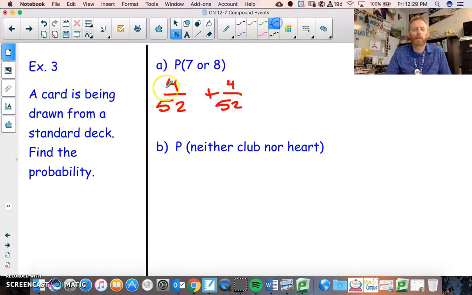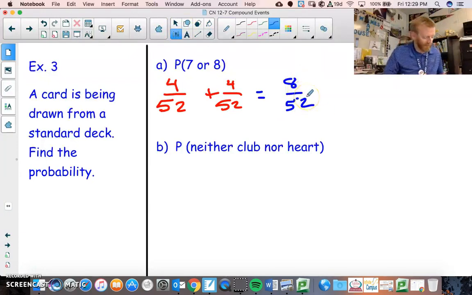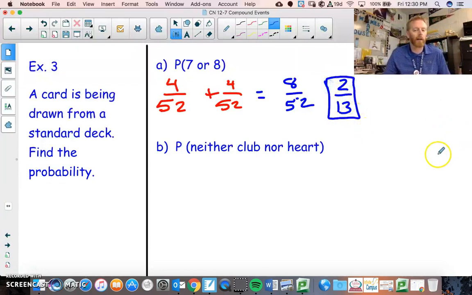So we just add together these two things and we get 8 out of 52. That's an ugly looking 5. I don't want to make anyone angry with me because of my bad handwriting. All right, so 8 out of 52 can be simplified to 2 out of 13. So there's a 2 in 13 chance that I'm going to get a 7 or an 8.